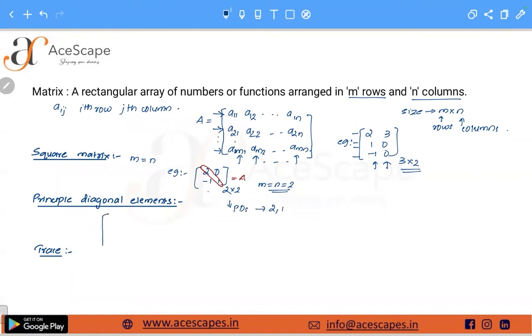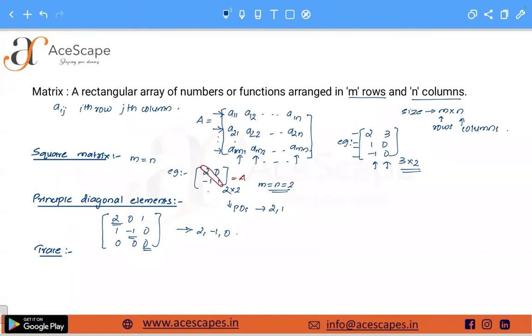If I write another example, 2, 0, 1, 1, -1, 0, 0, 0, 0, the elements present in the diagonal are 2, -1 and 0. So when we have a square matrix, it will have principal diagonal elements.